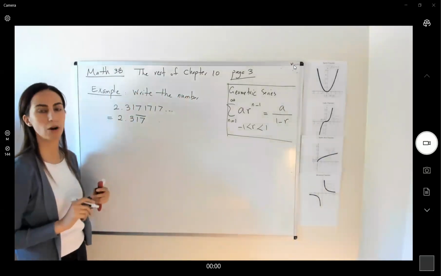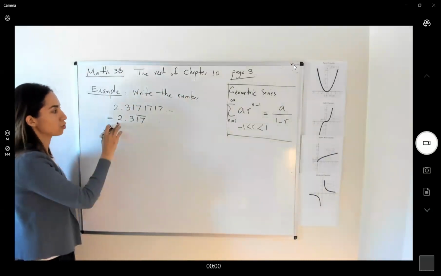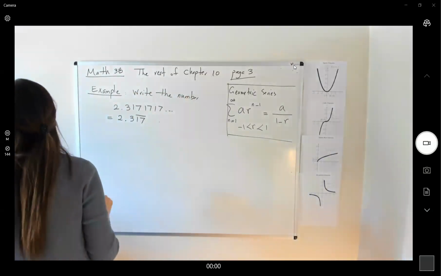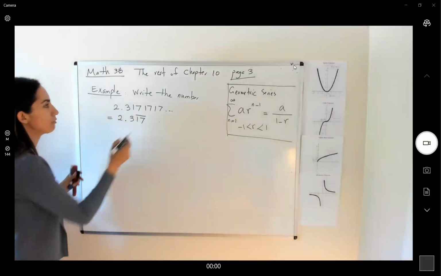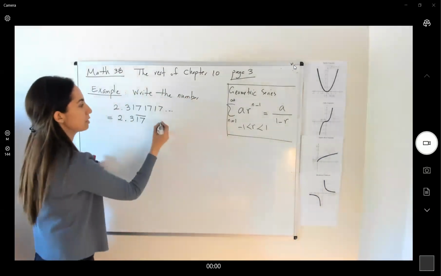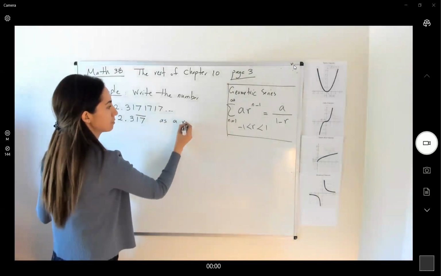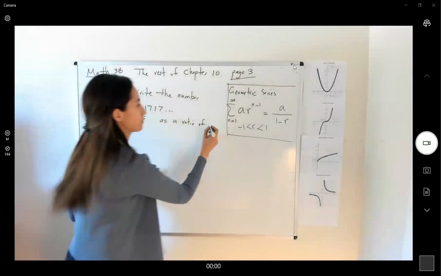We usually put a bar on top of the digits that are repeating in the decimal number. So you have 2.317 with a bar, and it says, write the number as a ratio of integers.